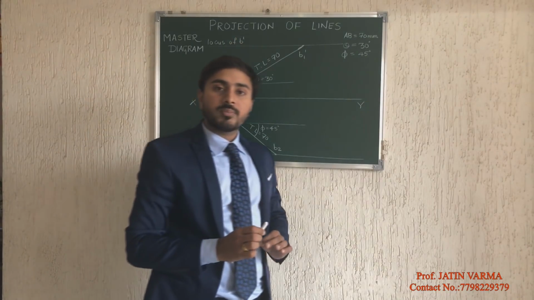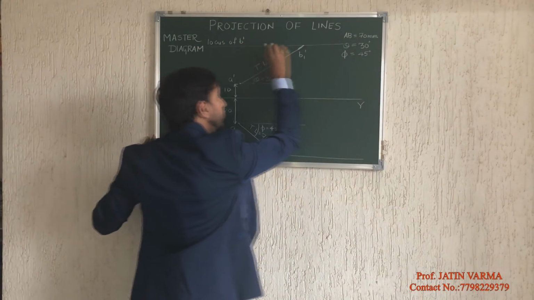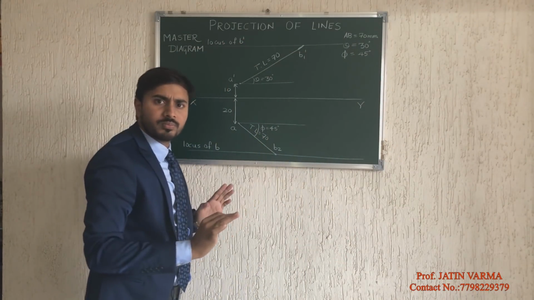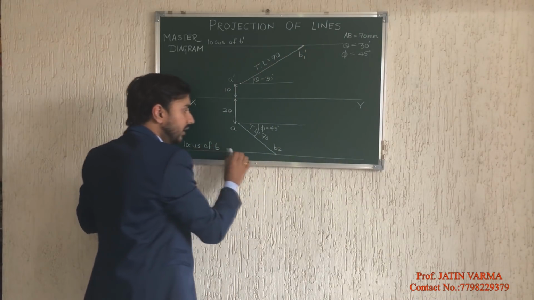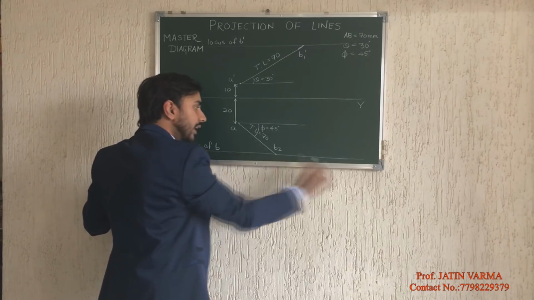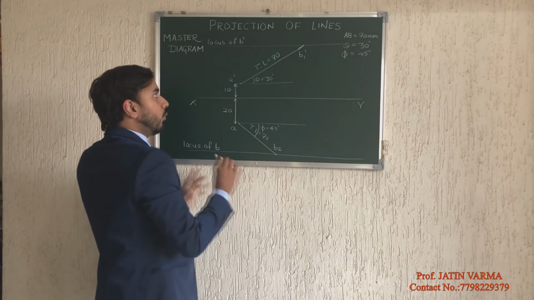Now, locus is the line on which B dash is going to lie. Where? I don't know, but on this line it is going to lie somewhere. Similarly for B, this is the locus. So on this line my B point will be located somewhere. What next?